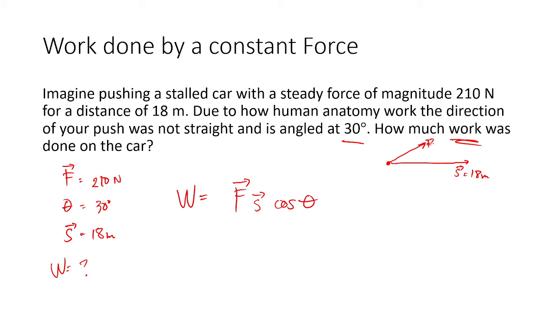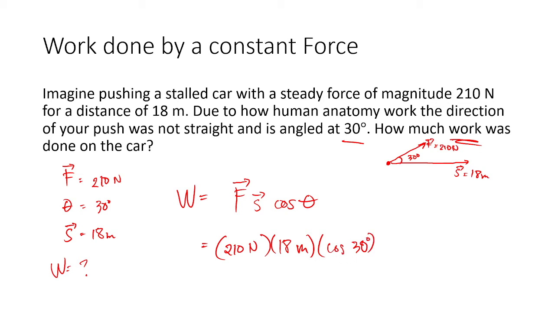Meron kang push na equal sa 210 newtons na naka-angle ng 30 degrees. So, ganyan yung itsura ng ating free body diagram dyan. So, basically, we will have here 210 newtons. Then, we just need to multiply that to our 18 meters. And you just need to multiply that to your cosine of 30 degrees.